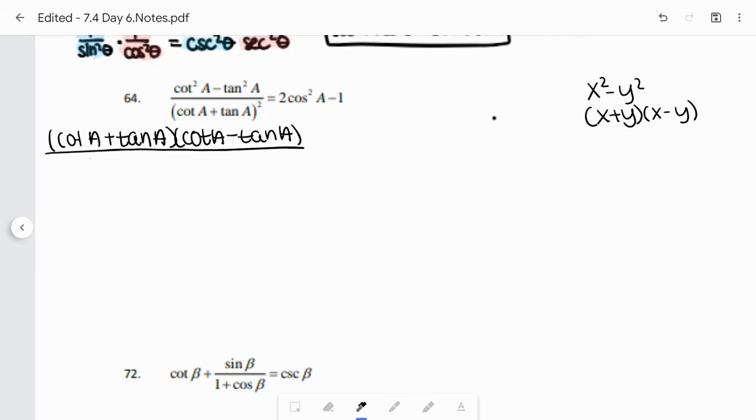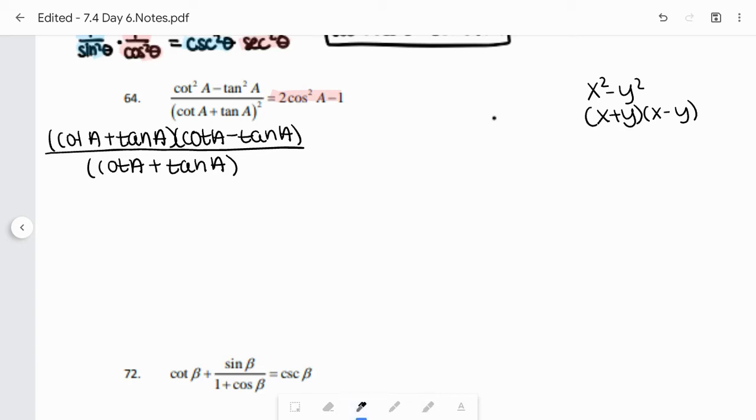all over cotangent of A plus tangent of A. And we want that to equal 2 cosine squared of A minus 1. So to save some space right now, I'm not going to write that out. Let's just keep in mind that that's what we are working towards.